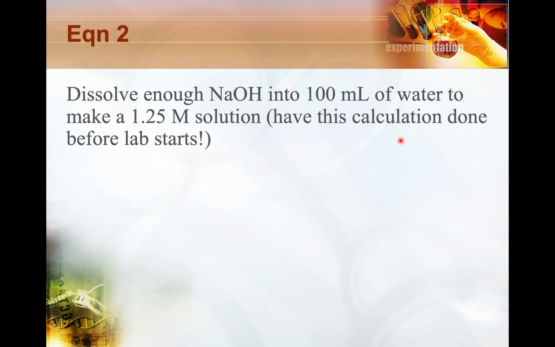So be sure to have this calculation done and ready before we start the lab. The idea is that you'll have your calorimeter cup, you'll get that mass, you'll add 100 milliliters of water, you'll get that mass, and then you'll have weighed out enough sodium hydroxide to make what you expect to be a 1.25 molar solution. From there you can estimate the moles, and with that you can calculate the enthalpy of the dissolution.